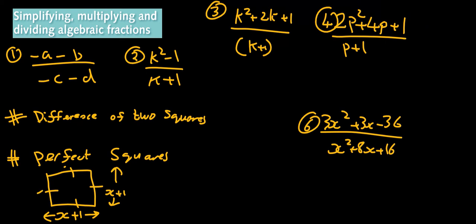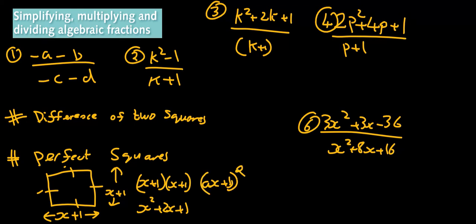So the area of that square, an expression, is going to be x plus 1 times x plus 1. And if we apply the distributive property, we get x squared plus 2x plus 1. So anything in the form of ax plus b squared is a perfect square.